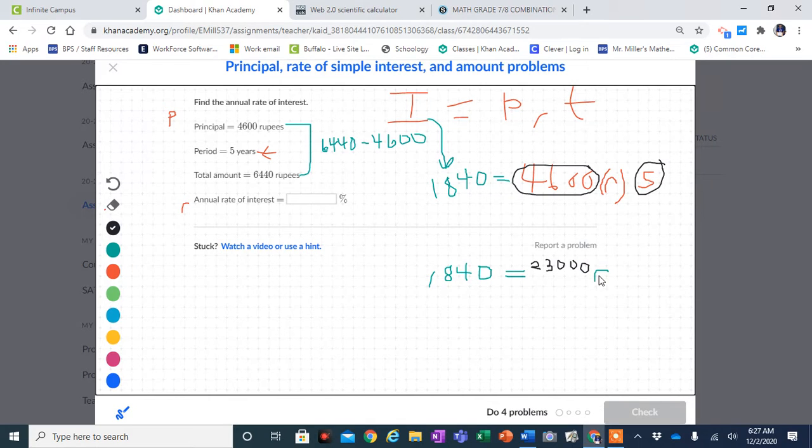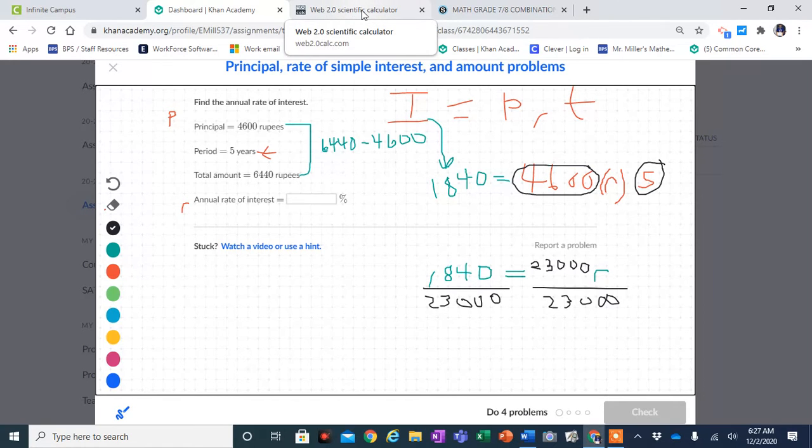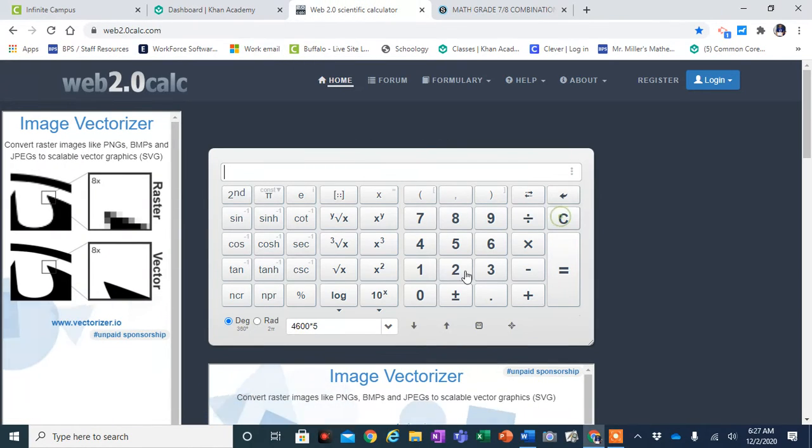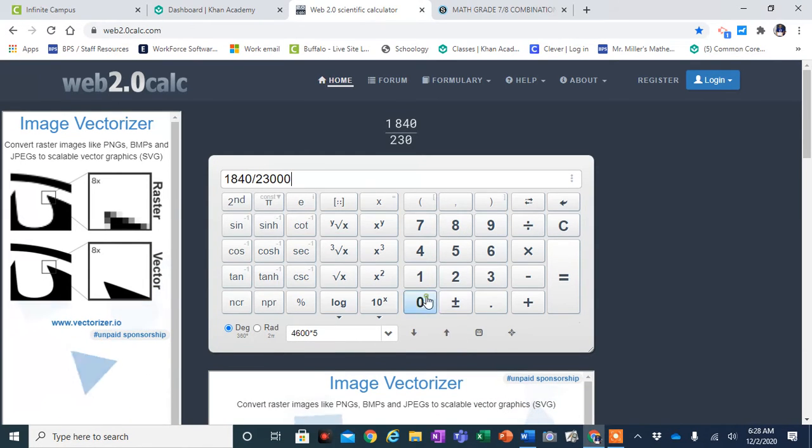So now we need to get R by itself. We need to get rid of multiplying by 23,000, so we divide both sides by 23,000. So we need to do 1,840 divided by 23,000, and we get 0.08.